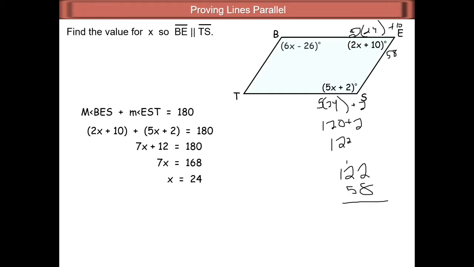And if I add 122 and 58, that gives me 180, which lets me know that my answer is correct, that x has to be 24 in order for lines BE and TS to be parallel.